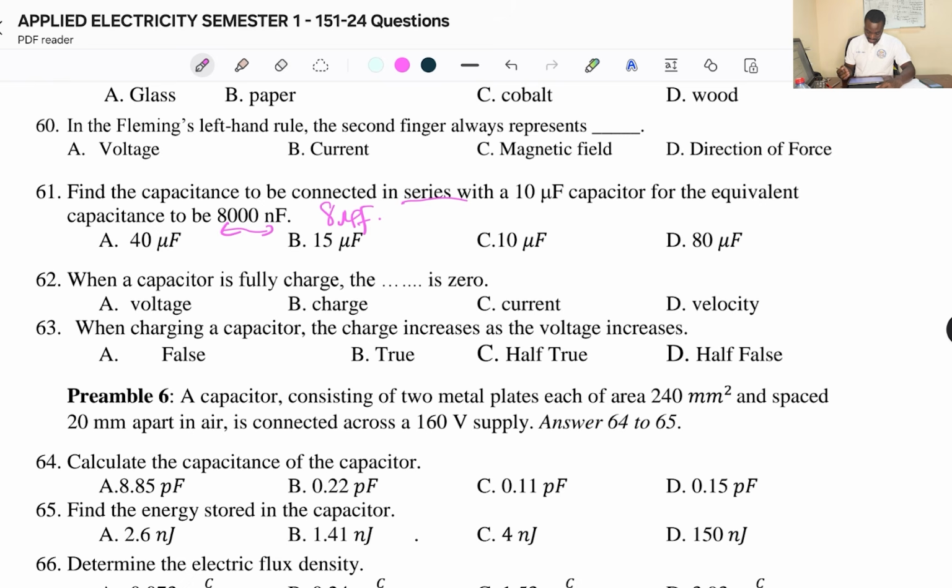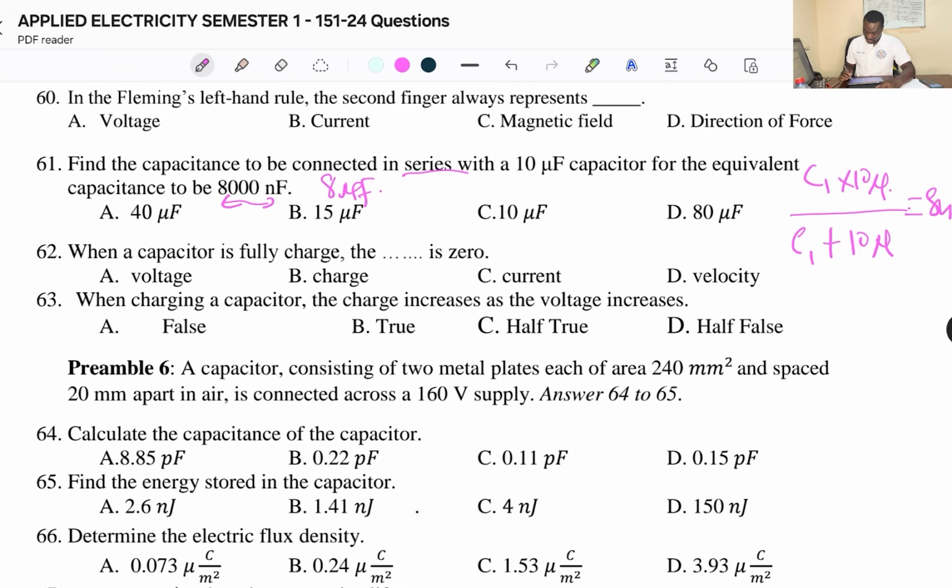There are two capacitors, so the product over the sum. So I can write C1, that is the first capacitor, in series with the 10 microfarad capacitor, that is just 10 micro, all over the sum. The sum is C1 plus 10 micro, and that will give us 8 micro, right? 8 microfarad. So we have this.